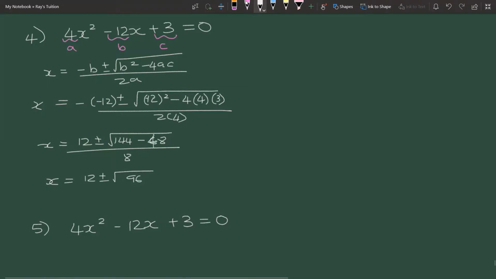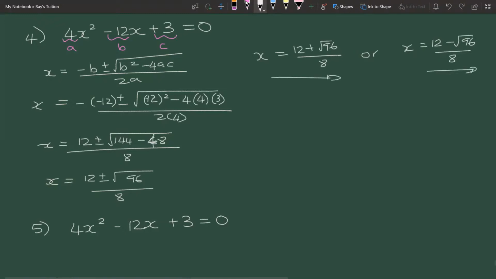Sorry, this says 48. And that's divided by 8. So then what we get is x is equal to 12 plus root 96 over 8, or x is equal to 12 minus root 96 over 8. And you can choose to simplify it in whichever form you feel most comfortable answering.